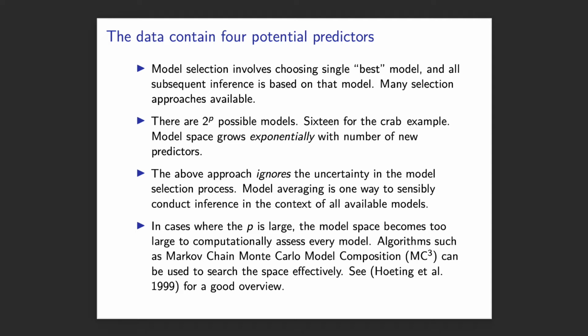So in addition to the issue with model selection ignoring uncertainty in the model selection process for subsequent inference, in realistic problems bigger than what we find in a typical textbook exercise, you could have p very large, right? If it's going to double every time, it can only double so many times before you're not really going to be trying to fit every single model to get BIC or something.